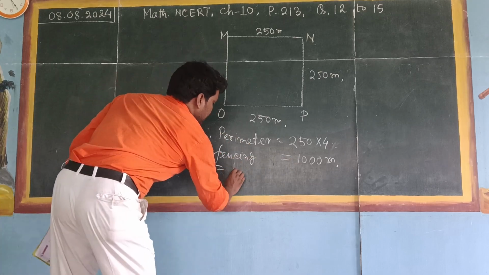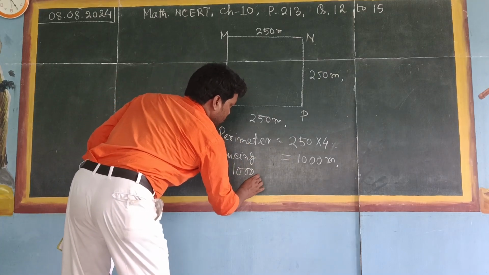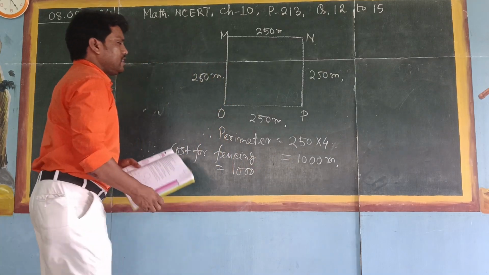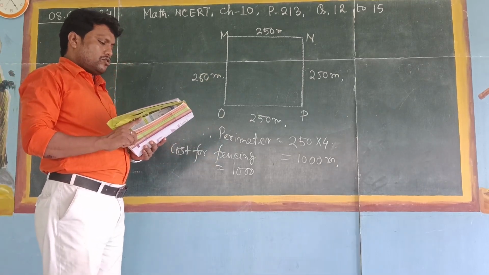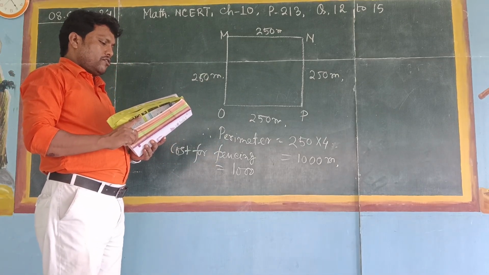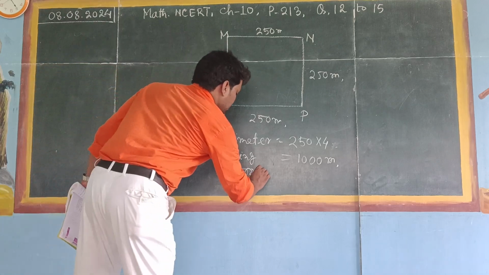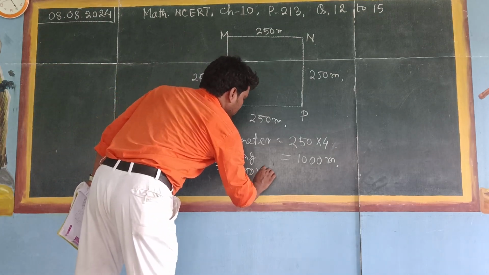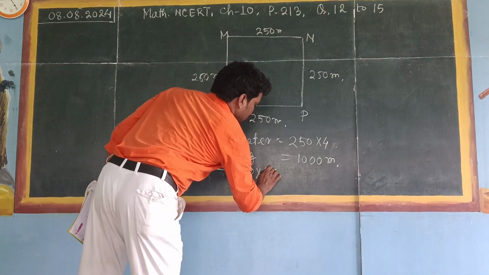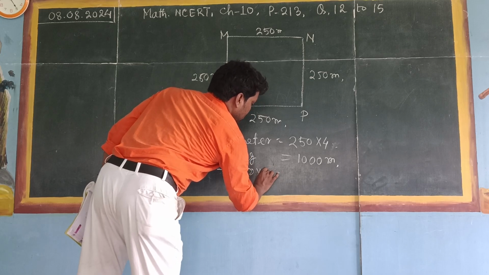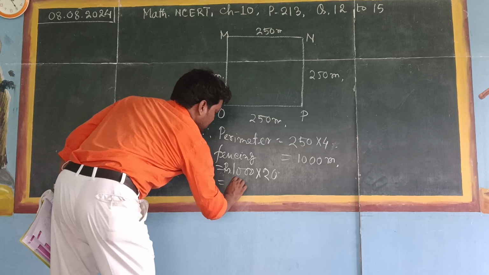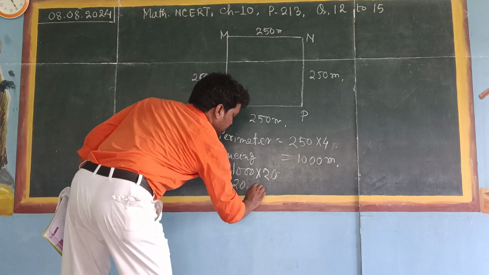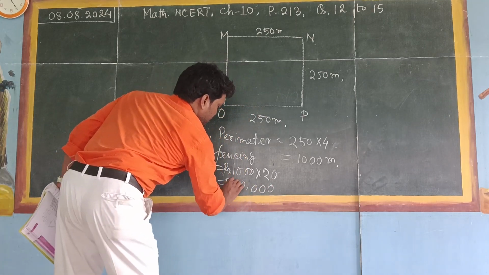1000 meter is the perimeter of the square park, and the cost of fencing is at the rate of 20 rupees per meter, that means 1000 into 20, that means 20,000 rupees.